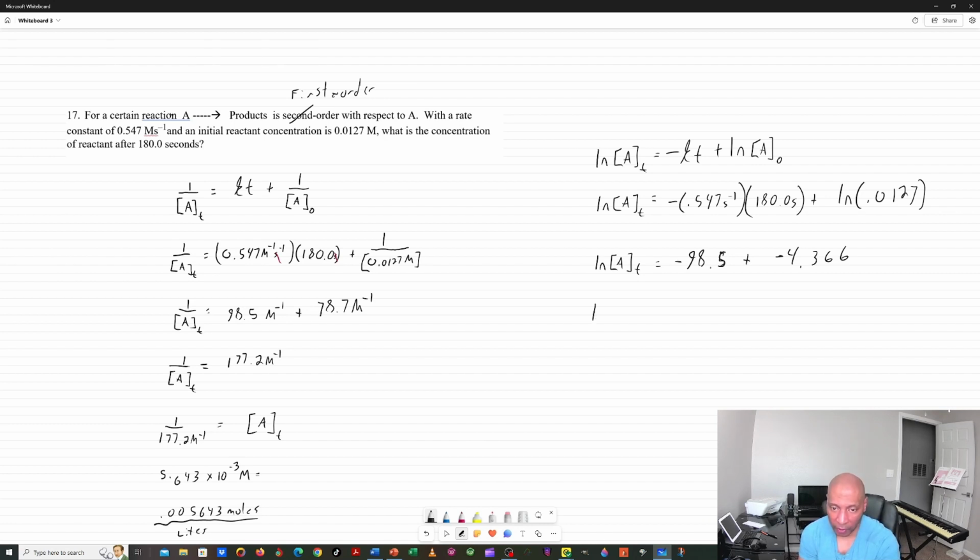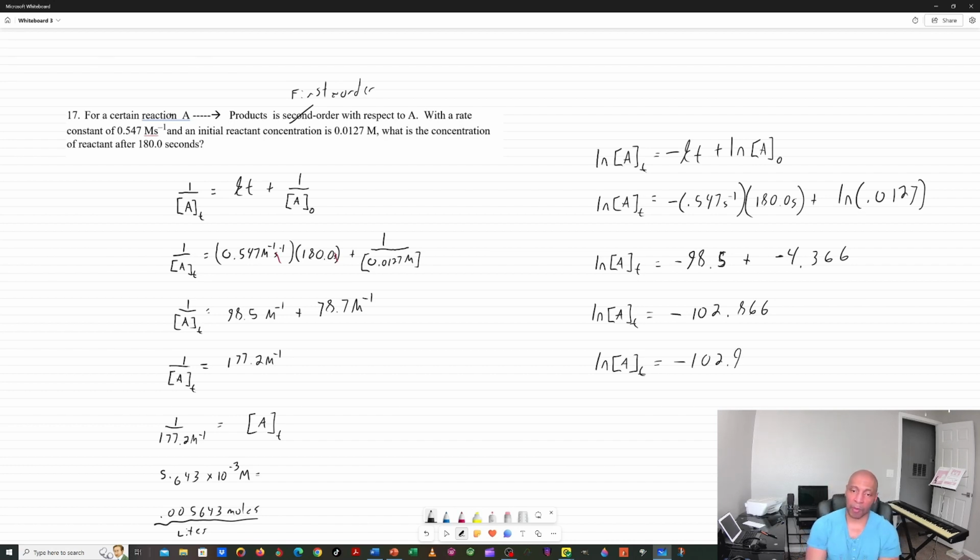So the natural logarithm of A at time t is equal to, now I have 2 unitless numbers, negative 98.5 plus negative 4.366, which gives a negative 102.866. This number is good to 1 digit to the right of the decimal point, so I'm going to round that 8 up to a 9. The natural logarithm of A at time t is equal to a negative 102.9.